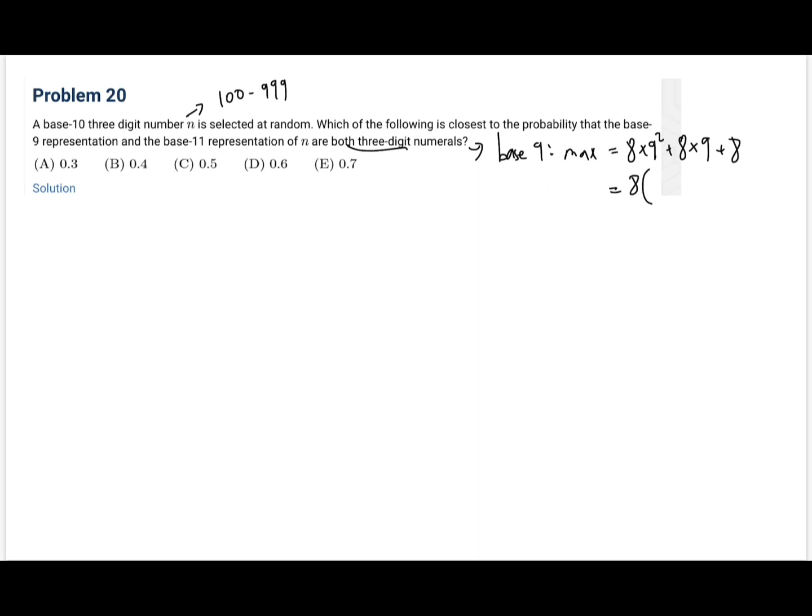So this is 8 times 81 plus 9 plus 1, which is 8 times 91. So this is 728.